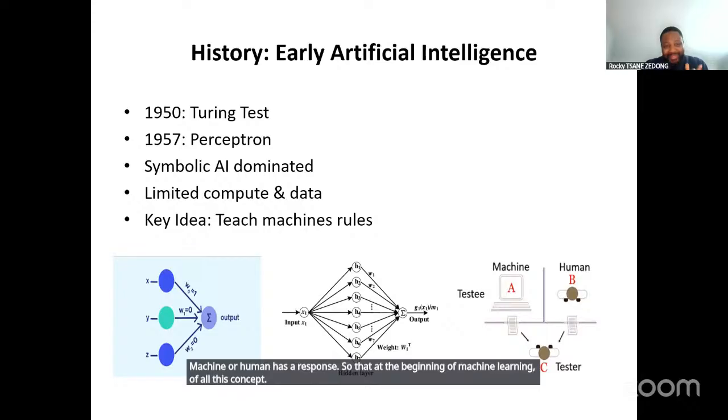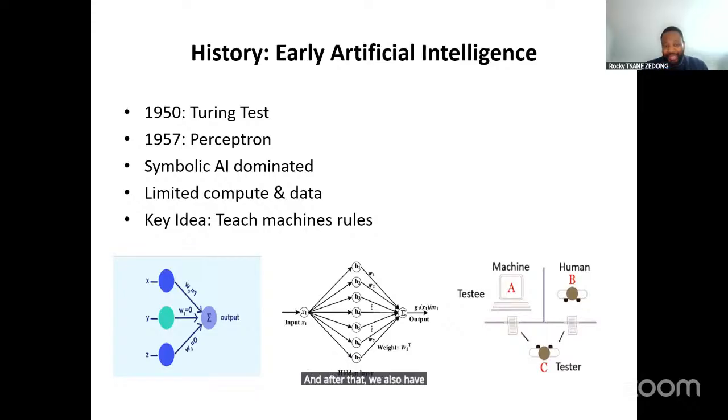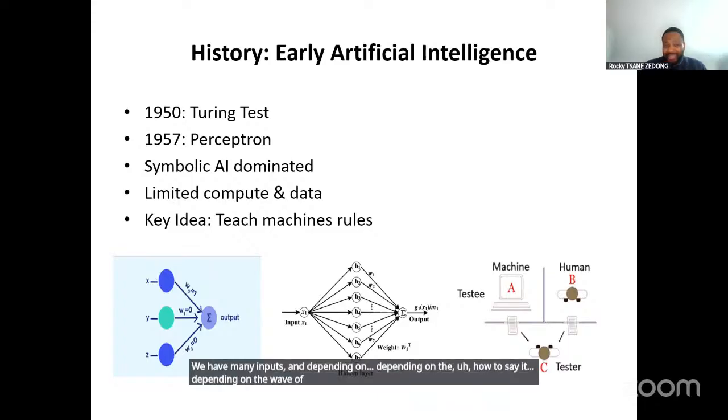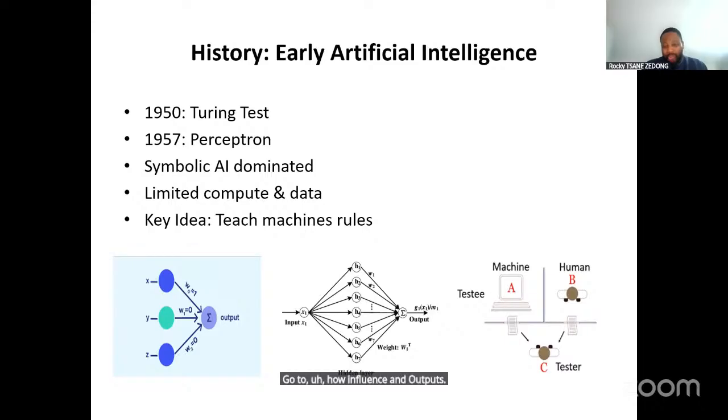After that, we also have the perceptron in 1957, which is based on the concept that we have many inputs, and the weight of each input influences an output.